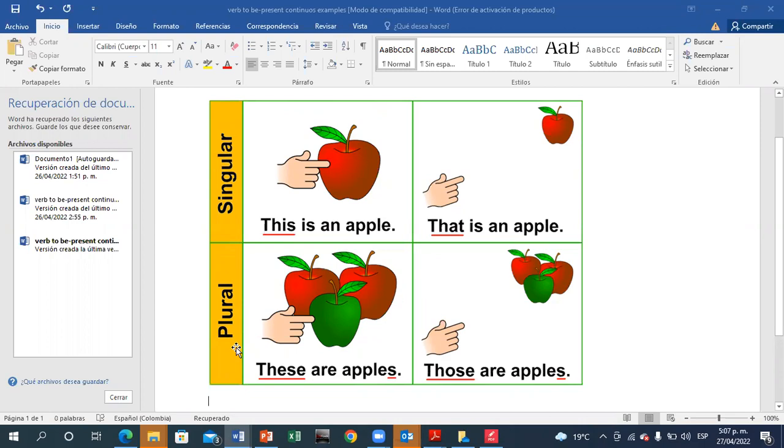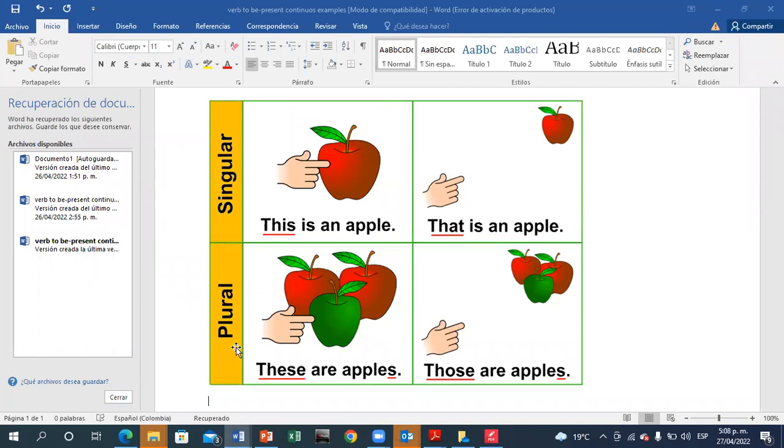Espérame un segundito, a ver si puedo prender acá la cámara. A ver si me interesa esta parte de la cámara, pero no me está dejando prender la cámara. Espérame un segundo.